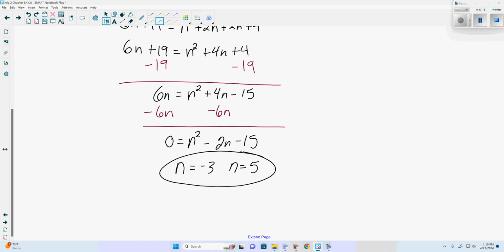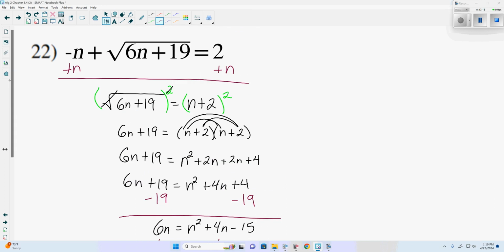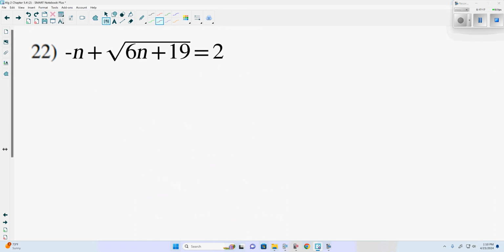Well, again, we're going to need to check these. Which one of these two do we think is an extraneous solution? Negative 3, we can try it first. Negative 3 plus the square root of 6 times negative 3 plus 19 is equal to 2.